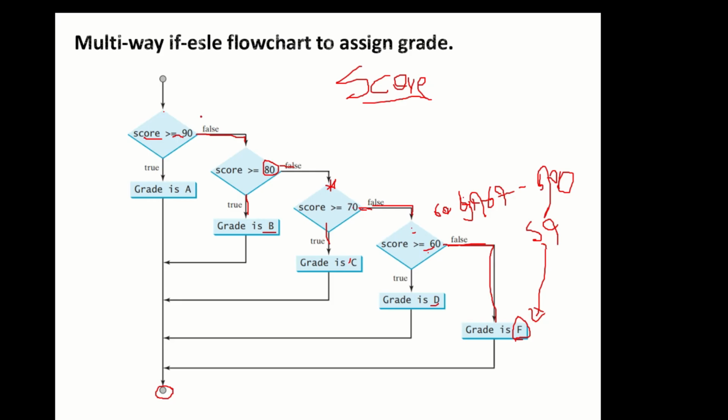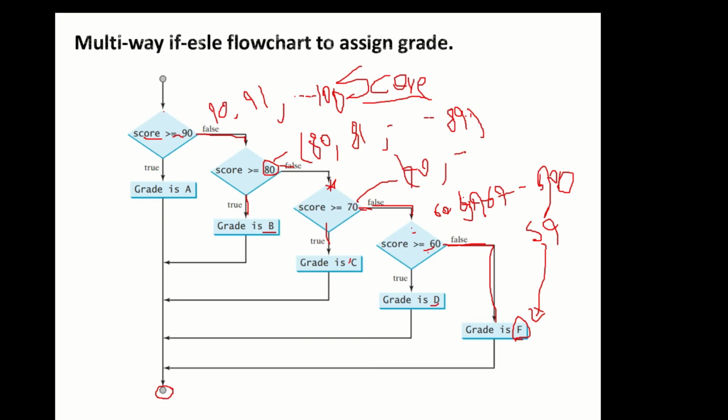Yes, it may be from 90 including 90, 91, up to 100, and this one maybe including 80, 81, and so on up to 89 point something, and also this one 70, 71, up to 79.